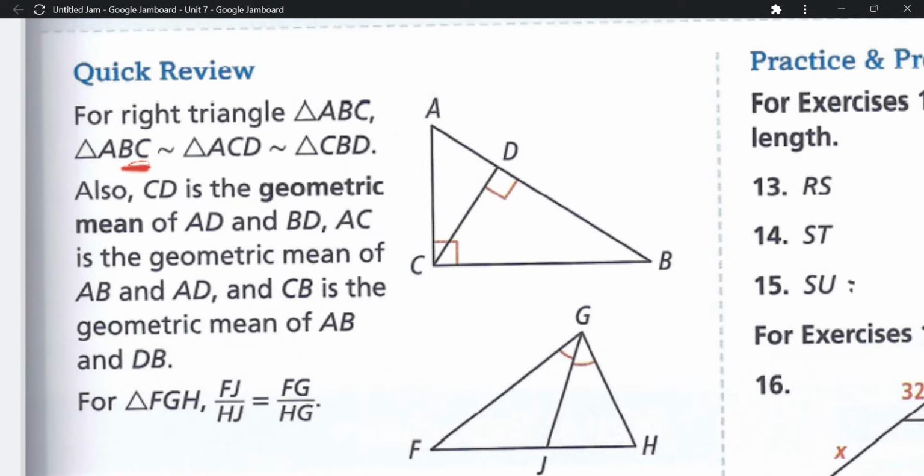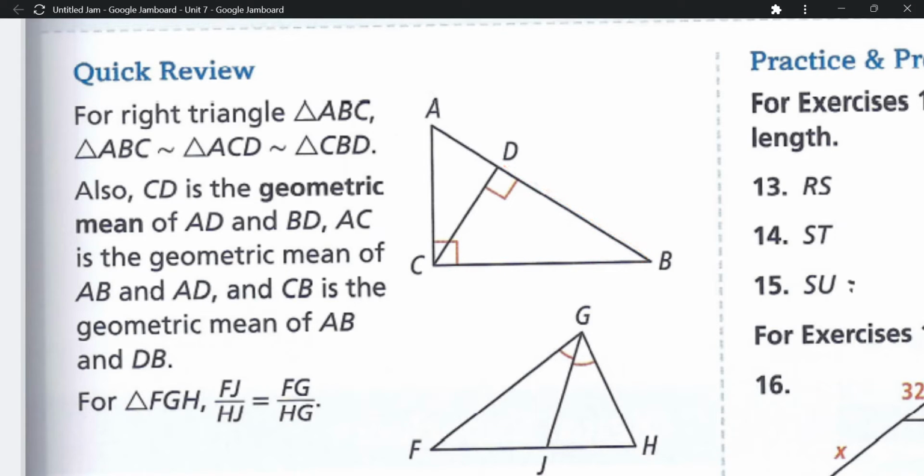BC, right? BC is the longest leg, right? So I go from hypotenuse to longest leg of the biggest one. CD is the longest leg, so I went from hypotenuse to longest leg, and BD is the longest leg of the medium, so I went from hypotenuse to the longest leg.